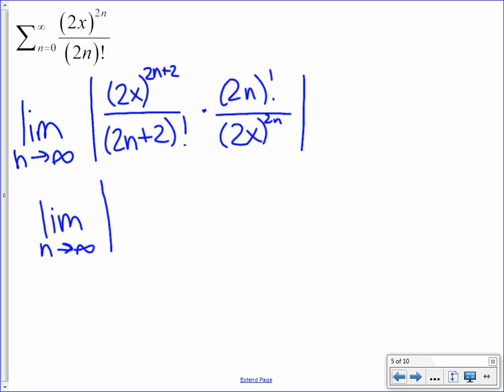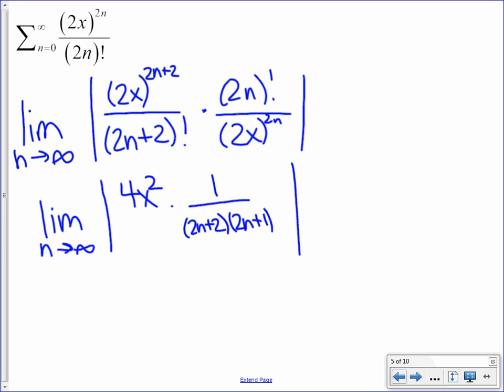2x to the 2n plus 2 over 2x to the 2n. Okay. Let's imagine simplifying 2n factorial over 2n plus 2 factorial. 2n plus 2 times 2n plus 1, the 2n factorials will cancel out.